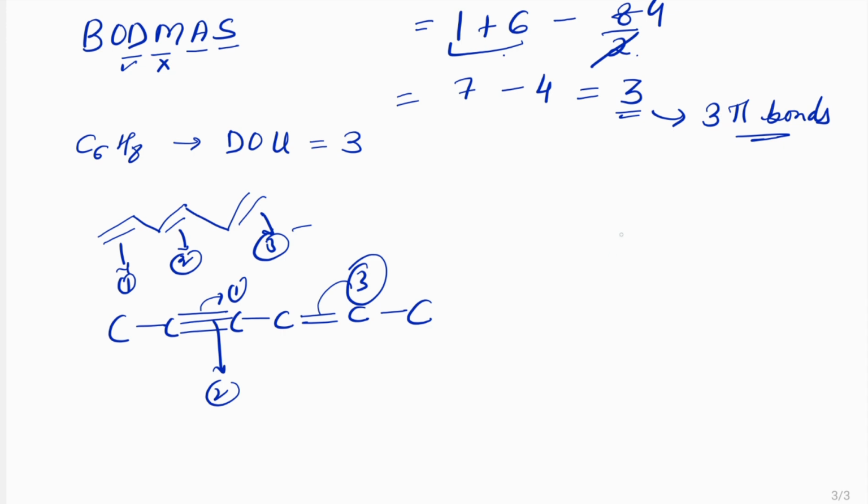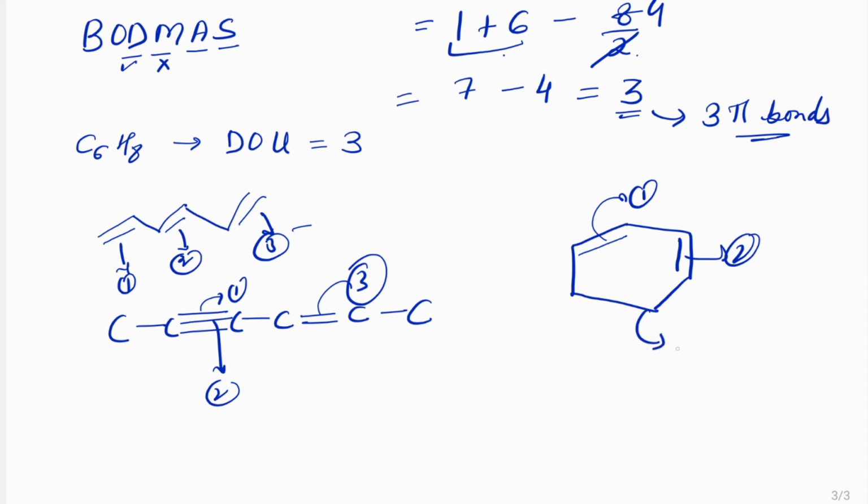We can also make a cyclic structure if you want to. 6 means a hexagon, and there is 1 and 1. Now you will say, we needed 3 pi bonds, but there are only 2 pi bonds, the first and the second. Then what about it? But as you know, a ring is present here, and a ring is also considered as a degree of unsaturation.